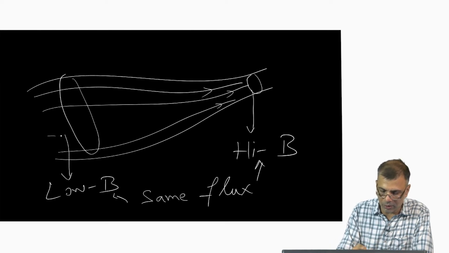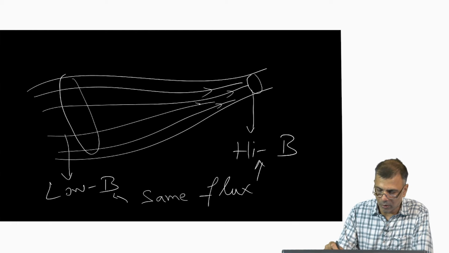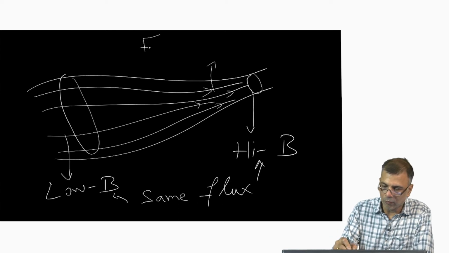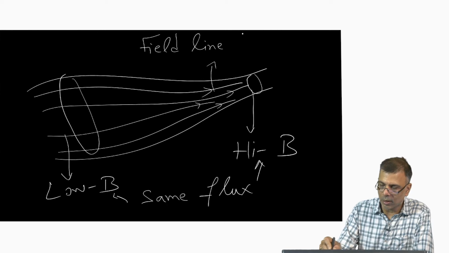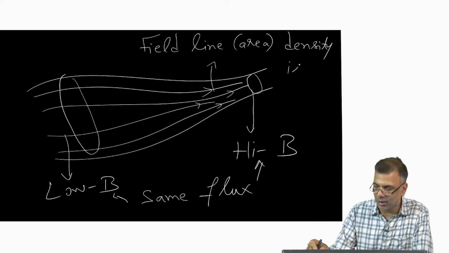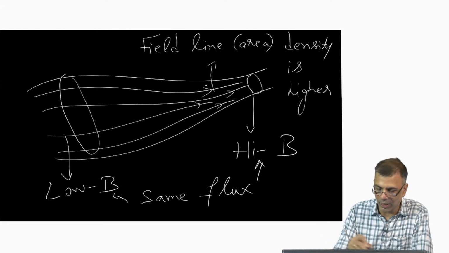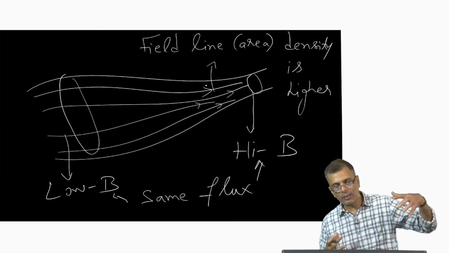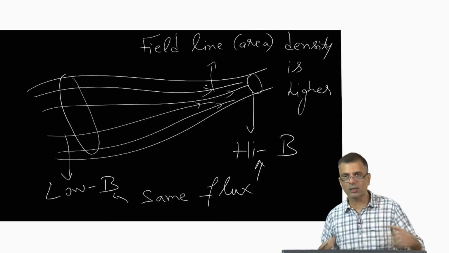In other words, the field line density, but really the area density, the number of field lines per unit cross sectional area, is higher here as compared to here. The field lines are squeezed together, they are more concentrated.